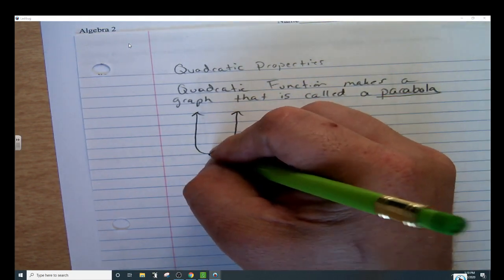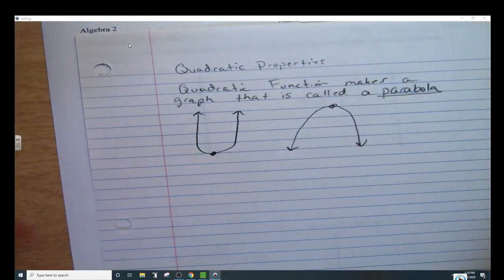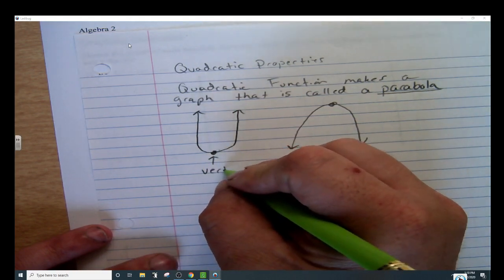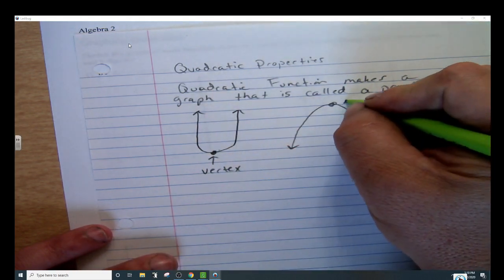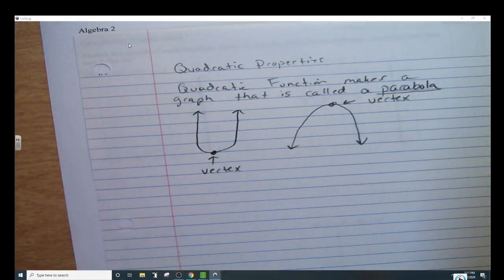The lowest point or the highest point, whether it opens up or down, is called your vertex. Either one of these could be the vertex. It's always the highest or lowest point. I will talk more about the vertex in a minute, how to find it and things like that.